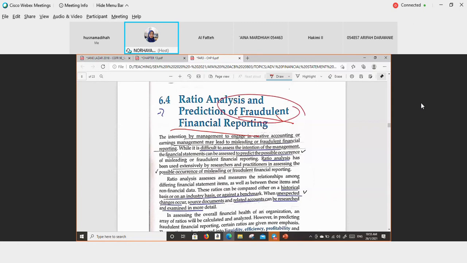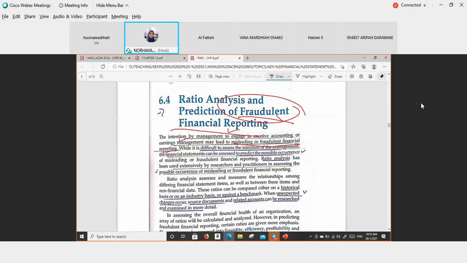Fraudulent ni maksudnya? Fraud. Fraud tu maksudnya apa? Dia ni menyelewengkan something. Macam penyelewengan macam tu. Okay, penyelewengan financial statement lah. Maksudnya apa yang dia ada menyelewengkan dia punya penyata kewangan. Okay. So intention by management to engage in creative accounting or earnings management may lead to misleading or fraudulent financial reporting.